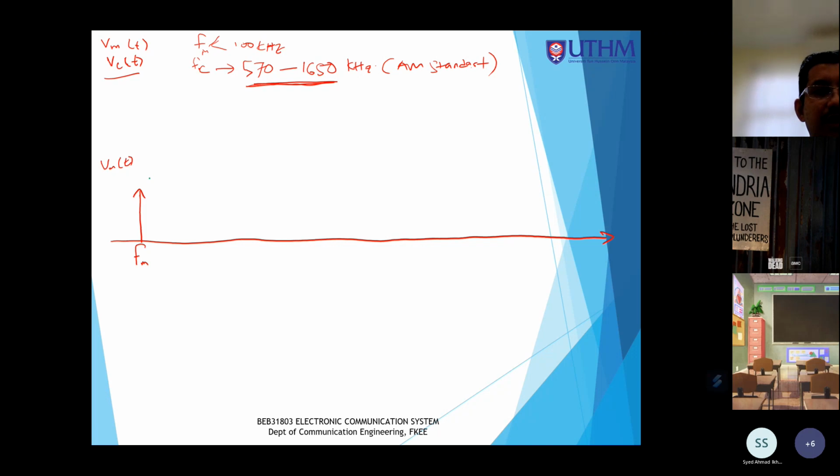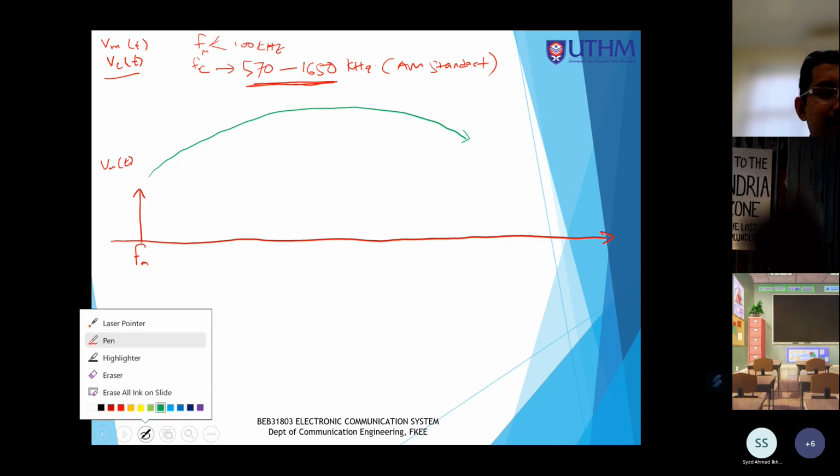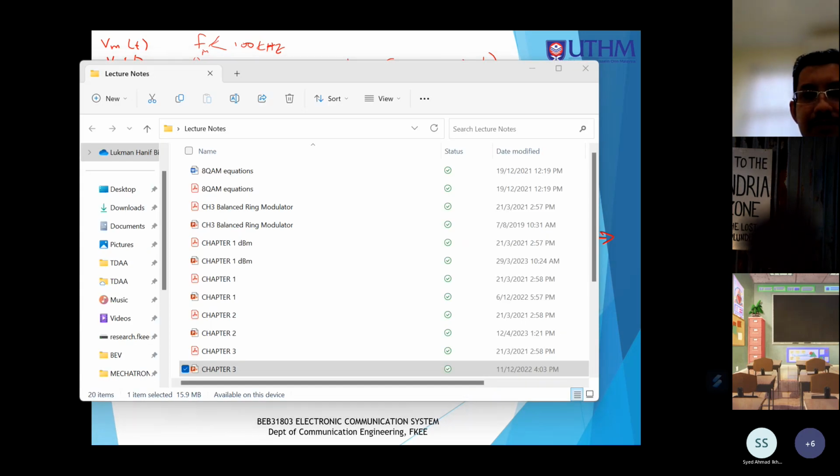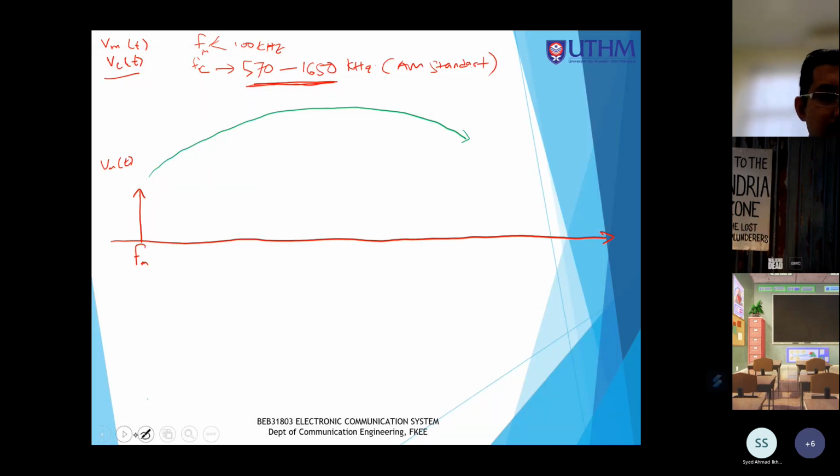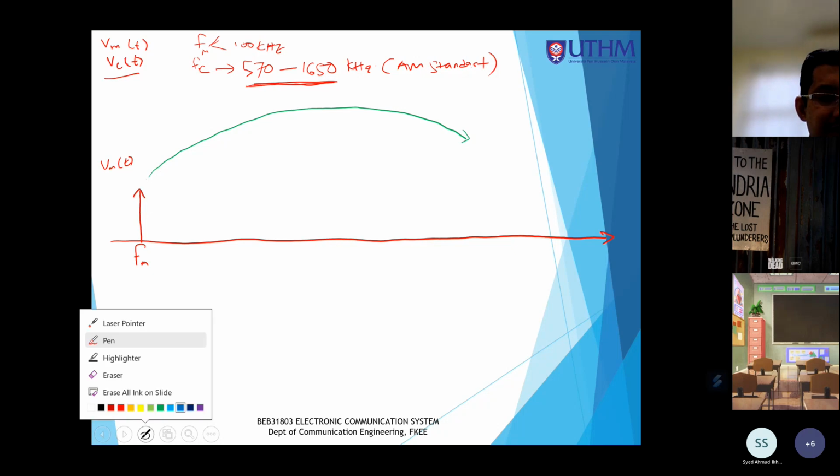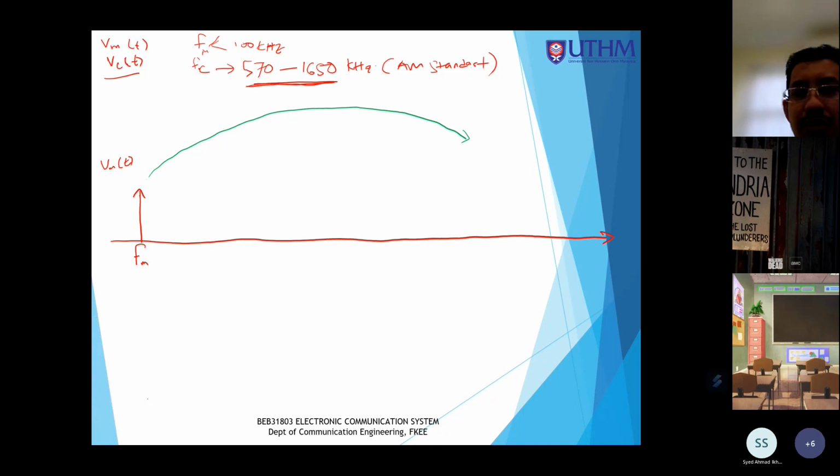Yang mana kita dah belajar tentang double sideband full carrier, double sideband suppressed carrier, single sideband dan sebagainya. Apabila kita buat proses modulation, kita translate frekuensi rendah kepada frekuensi yang tinggi.